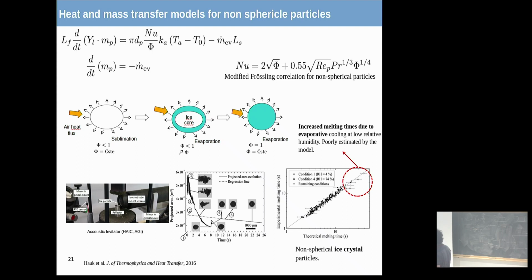This parameter is a geometrical modification to take into account the complex shape. Second, in the Nusselt number, we had to modify the Ranz-Marshall correlation, which is typically used for spherical particles. And by an analogy, we propose this model to take into account the complex sphericity. So a geometric one, and I would say a more thermal one.